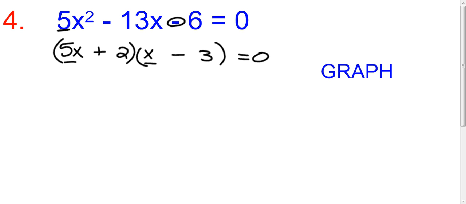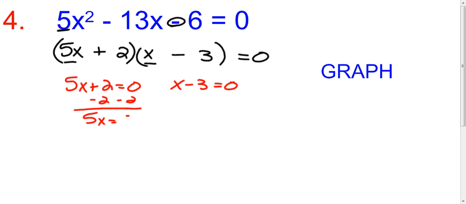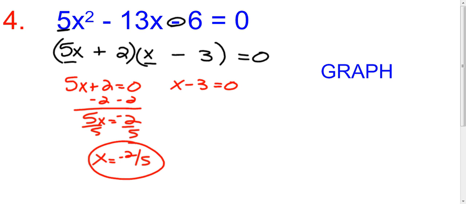So now I will set each of these parentheses equal to 0, and I'll solve them. So here I would subtract 2 so that I have 5x equals negative 2. Divide by 5. And x would be negative 2/5. And then here add 3, and x would be 3.